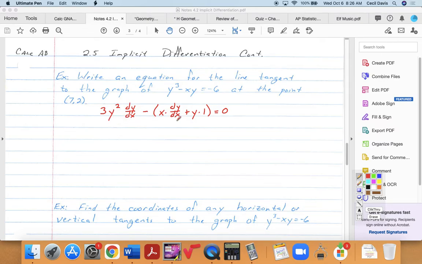So these first two terms are going to have a dy dx, so I'll put them together and factor out the dy dx. So it'd be 3y squared minus x times dy dx is equal to y. Went ahead and distributed the negative and then moved it to the other side by adding.